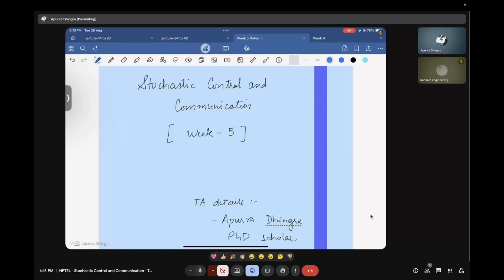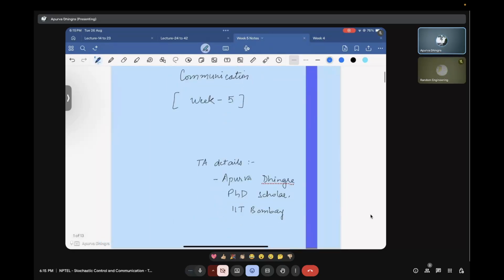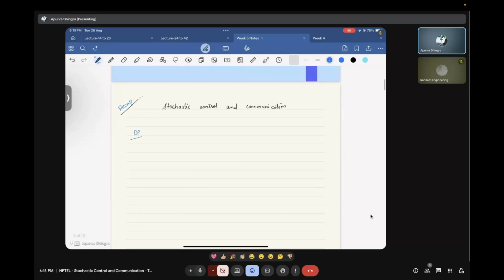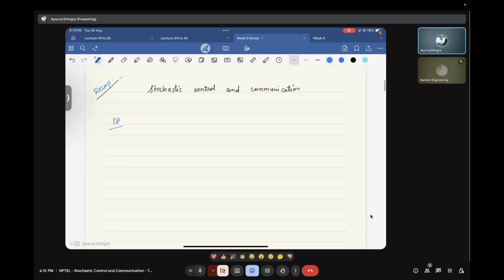Okay. So now this week, this is going to be mostly using what we learned in DP and applying it to two different problems. So let's just write it again. So from DP we learned that if we want to find the optimal of this type of a problem, our problem was something like this. I'm sticking with the stochastic control version.